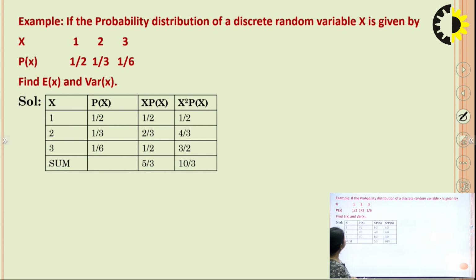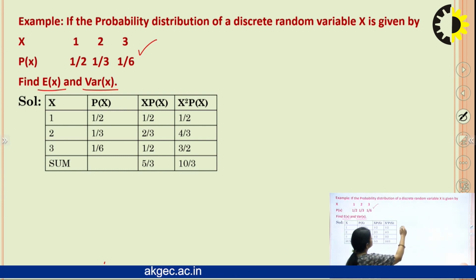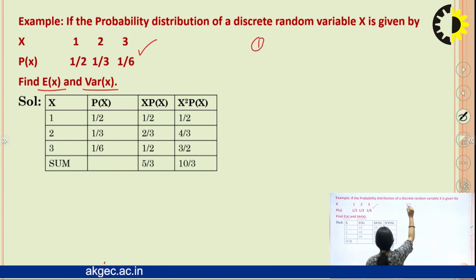Let us move on. Next, we are going to take an example. In this example, we have a probability distribution, and we have to find the expected value and variance of the random variable. What will be the first step? Just write the formulas for the expected value and variance.